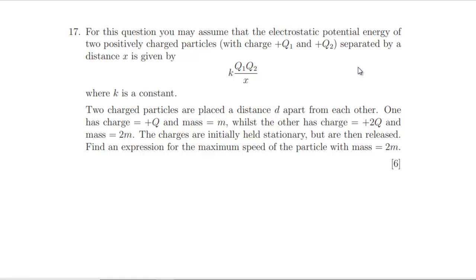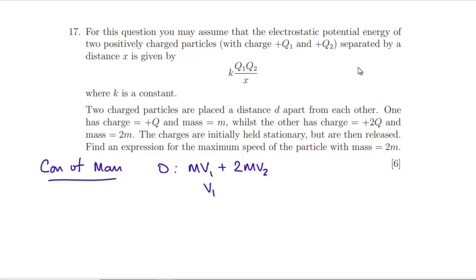Okay, so they're going to repel each other. We're going to do conservation of momentum and conservation of energy. This is usually what we've got on all of this. So conservation of momentum, we start with nothing, and it's going to go to an mv1 and a 2mv2. And we want to find the maximum of v2. They're going to split the velocities differently because we've got different masses.